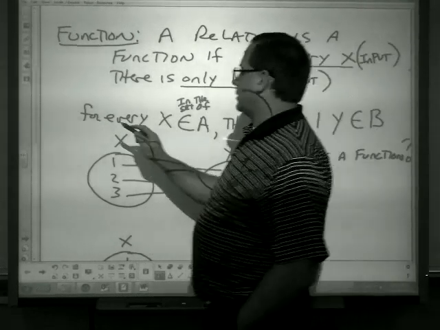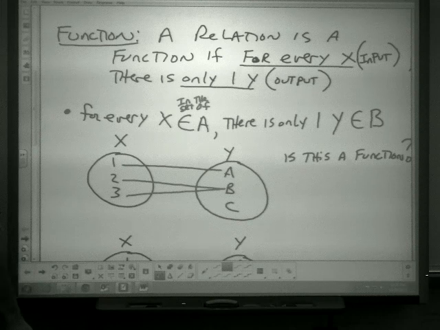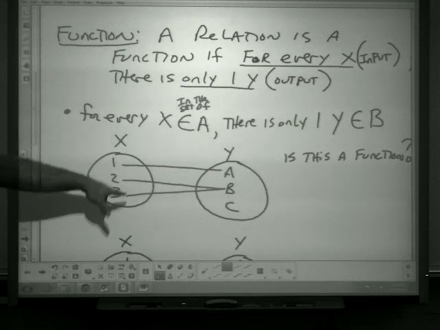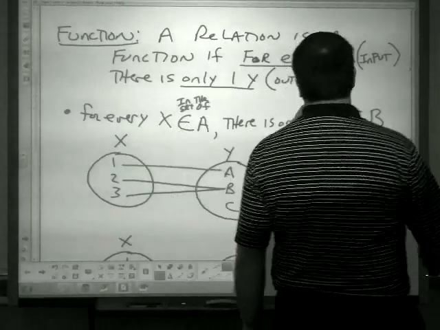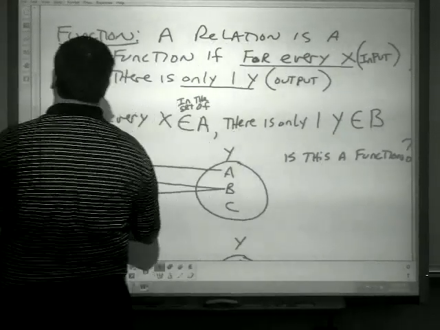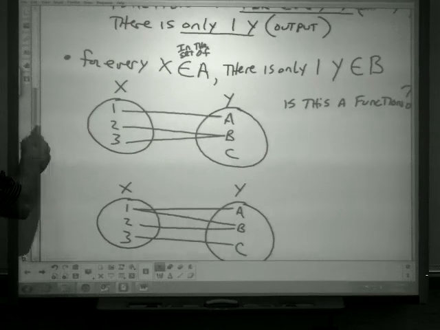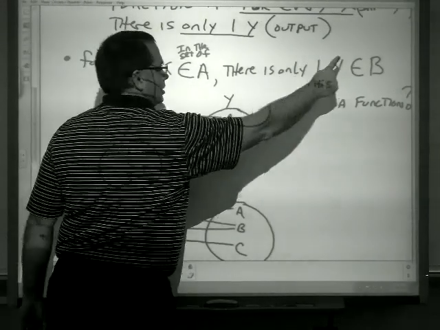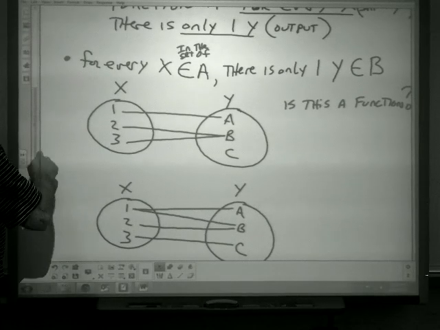You might see it like that. For every x in A, there's only one y in B. Now, let's look at it visually. All right? Visually, don't worry about this notation. You'll get more of that notation as you move up into like pre-calc and calc.